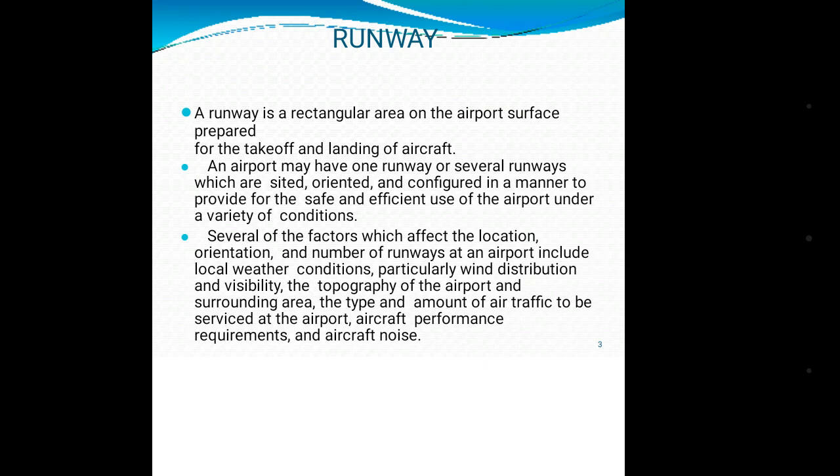Now already we have discussed this part in the previous lecture. The most important factor as far as runway design is concerned is the wind distribution, that is the windrose diagram of two categories, type 1 and 2, then topography of the airport and the amount of air traffic being served by that particular airport. It is essential to know how much traffic is being utilized.